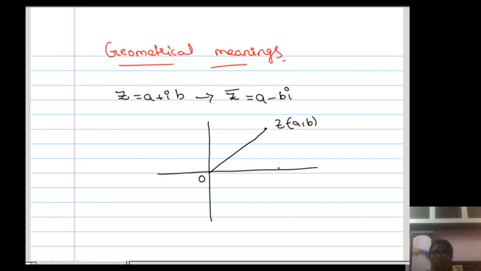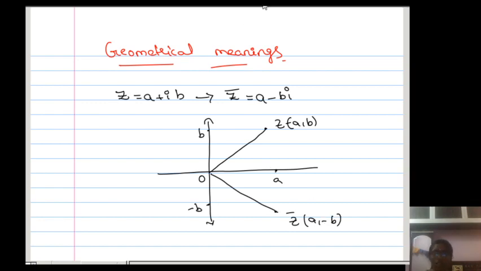The representation of the complex number is like this. Next, Z bar means what? A comma minus B. Minus B means the negative y-axis. So here you have A comma minus B somewhere. So now Z bar is equal to A comma minus B.